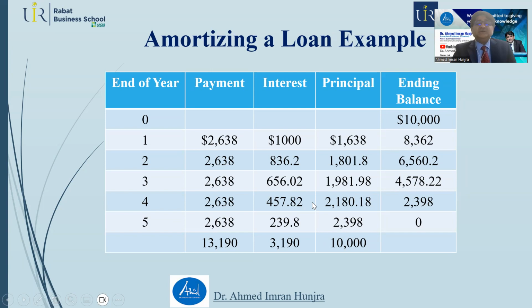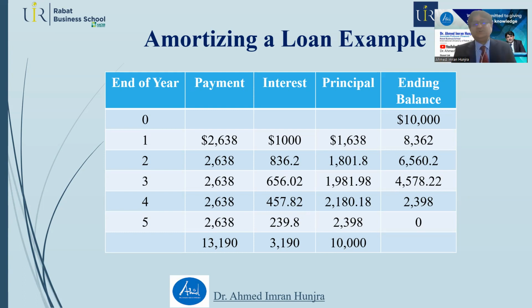So in amortization, at the start more interest is paid. You see, in the first time period more interest is paid, but the principal payment is less. As the number of time periods increases, interest payment decreases, but principal increases.